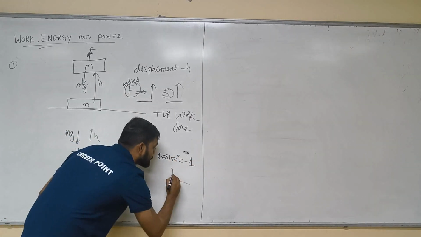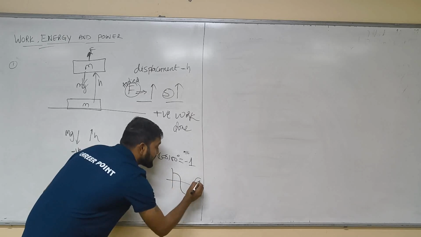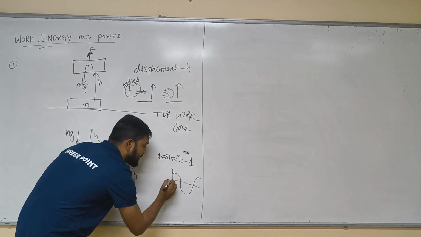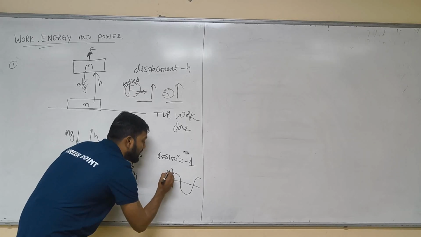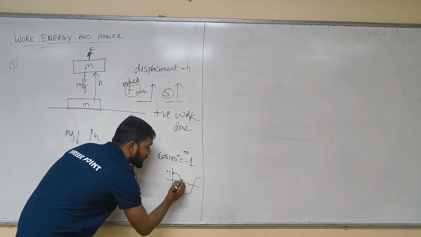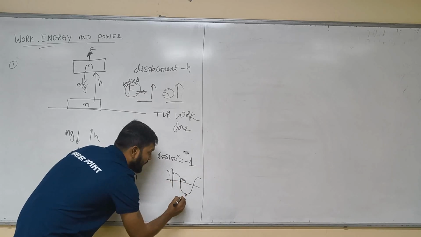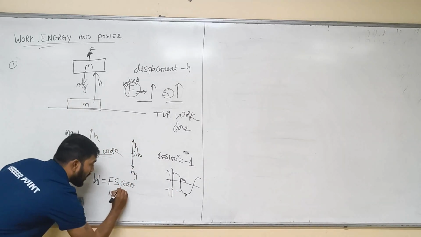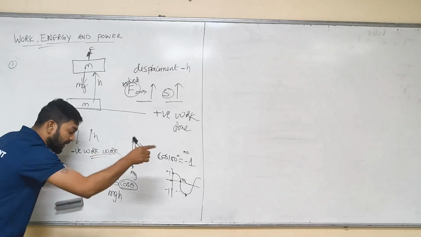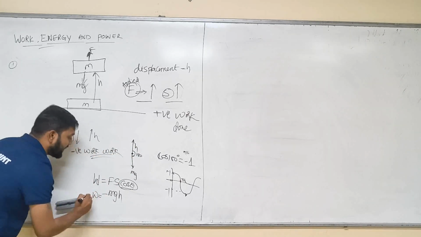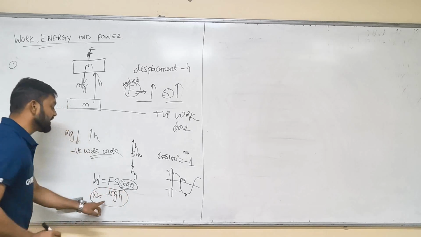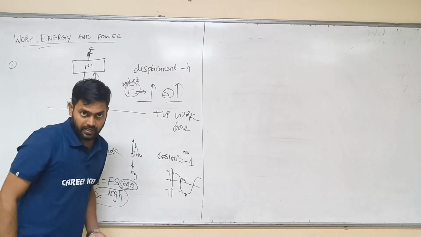How do we know? This is the graph of cos theta. Cos 0 is equal to +1, cos of pi by 2 is 0, and cos pi is equal to -1. So for that reason cos 180 degrees is equal to -1. So the work done is equal to -mgh. This work done is negative work done.